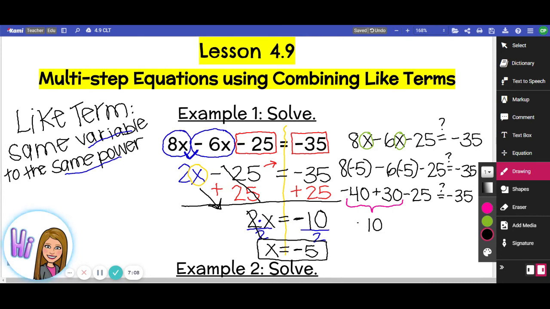And 40 is larger, so it's a negative. Negative 10 minus 25. Is that equal to negative 35? So now let's combine these two. We've got negative 10 minus 25. They're both negative, so we're going to add them, and we get 35. And because they're both negative, we're going to keep it negative. So is negative 35 equal to negative 35? Yes, it is. So x is equal to negative 5.